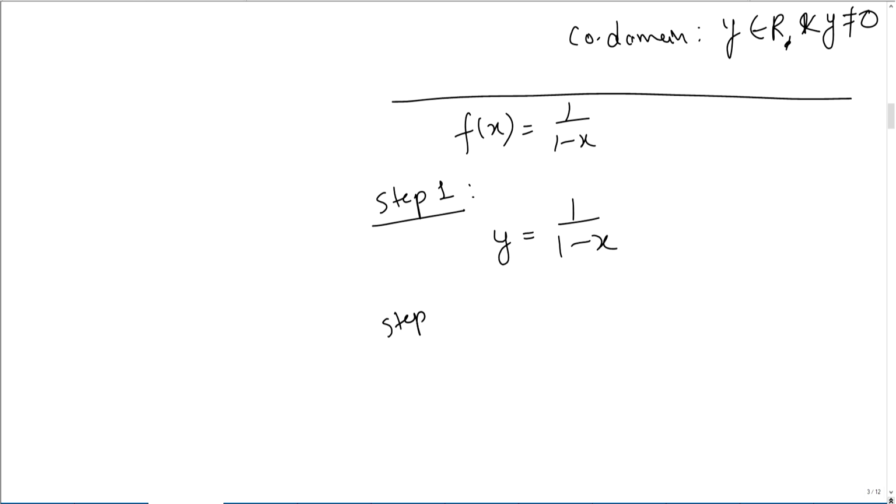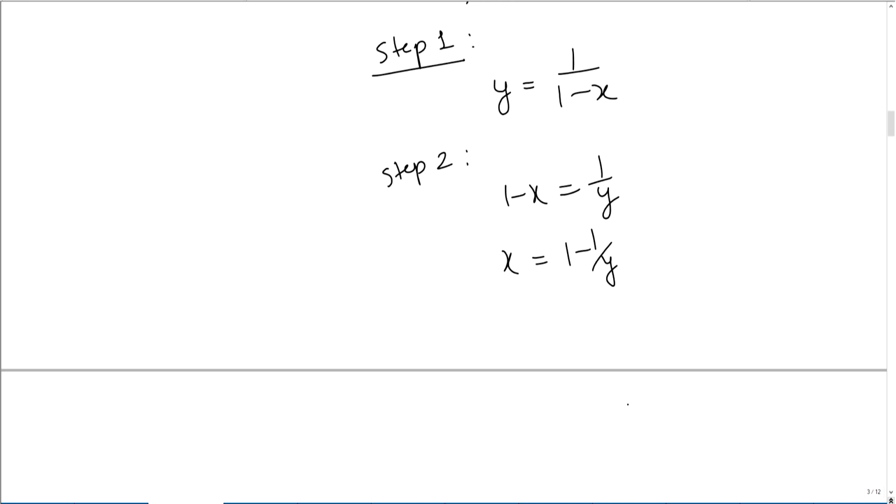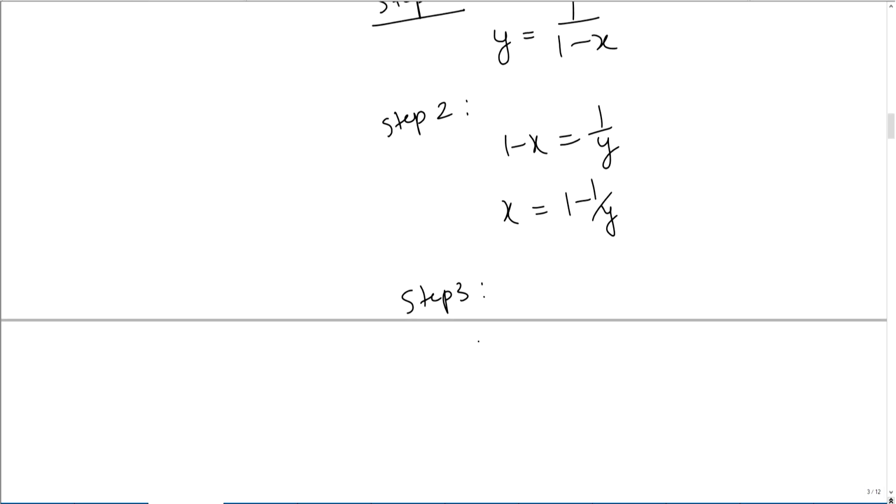Now in step 2, we solve this for x such that the x comes on the left hand side. Okay, so 1 minus x equals 1 by y. x would be equal to 1 minus 1 by y. Okay, so we have solved this for x. What would be step 3? In step 3, we now change the form.